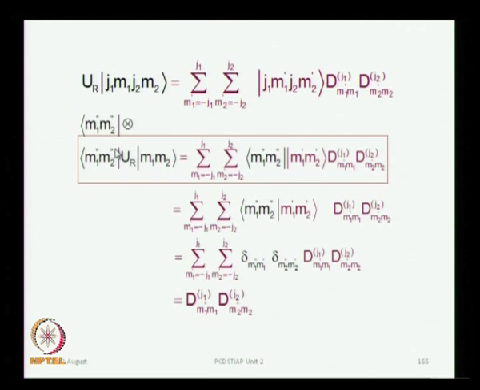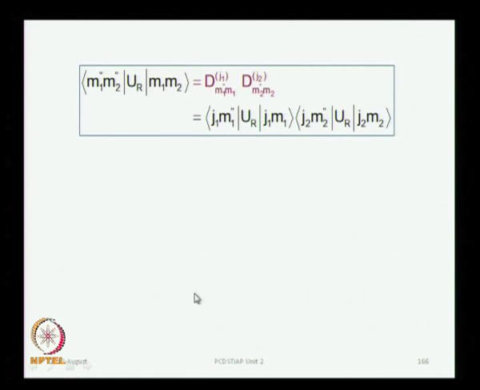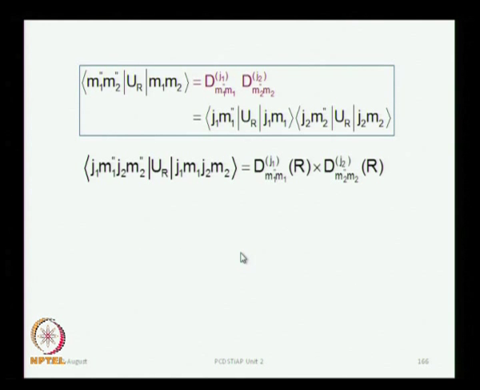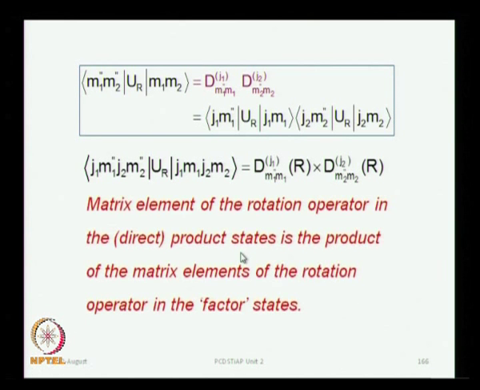This is the matrix element of the rotation operator in the direct product states, and you find that it is the product of the matrix element of the rotation operator in the factor states. So, that was the theorem that we had set out to prove, and it has a very simple proof as you have just seen.